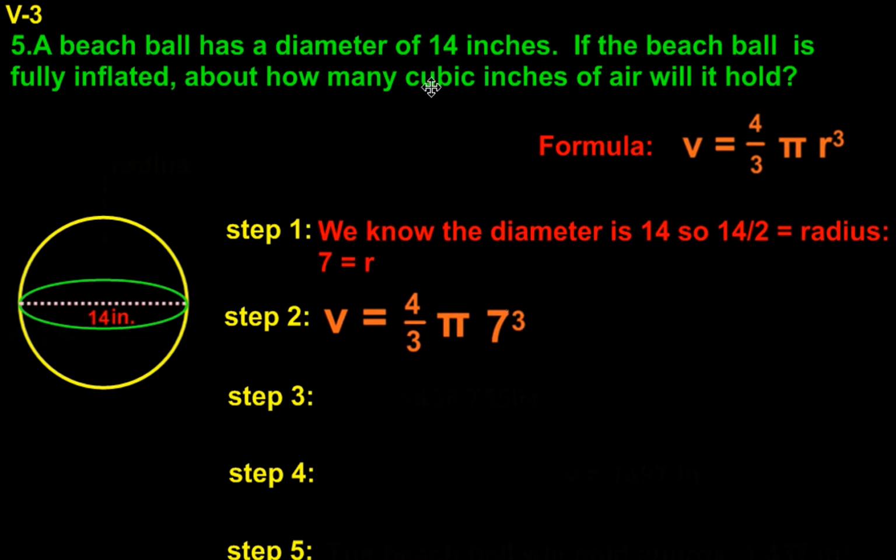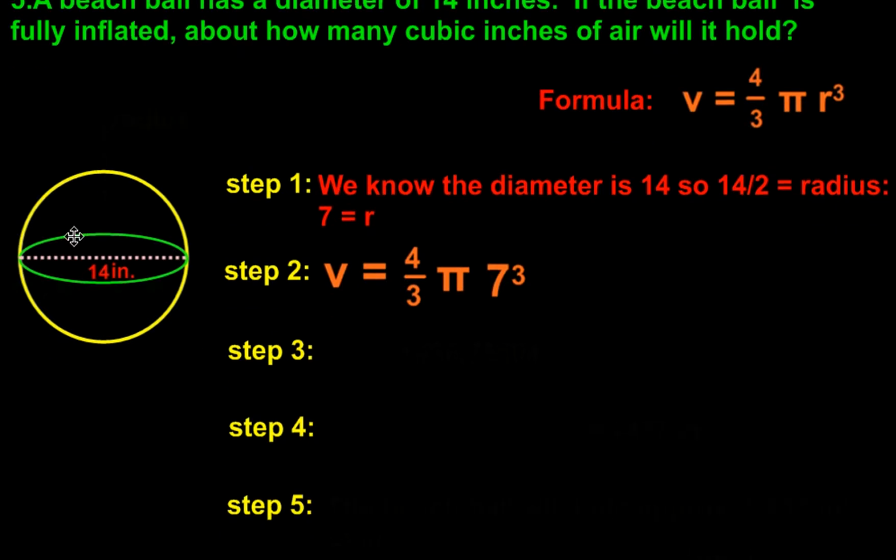Now because this isn't asking for an exact answer or a rounded answer, it seems to me it would make more sense to give the rounded answer in this case. So we shall plug all of this information into the calculator. 4/3 pi times 7 to the third power. And that's going to give us a full calculator display of 1436.75504.